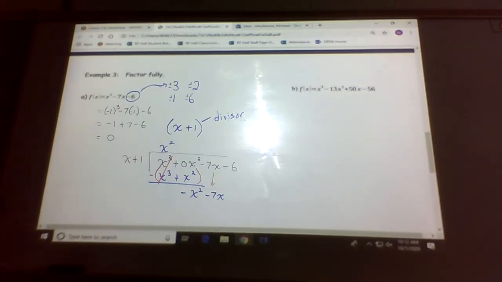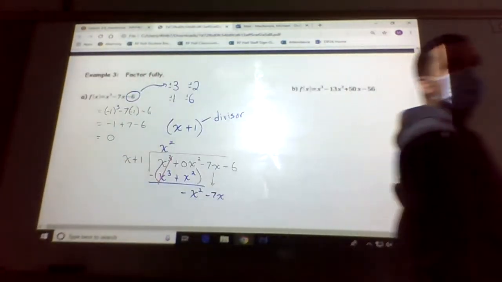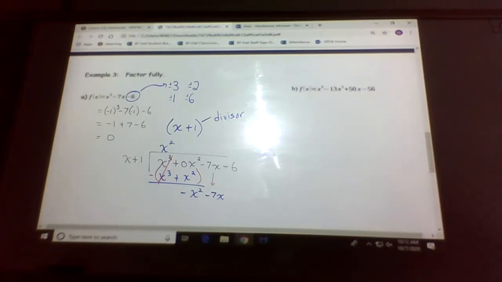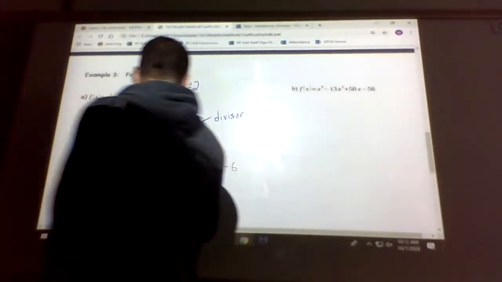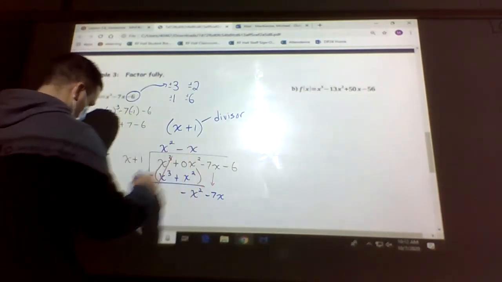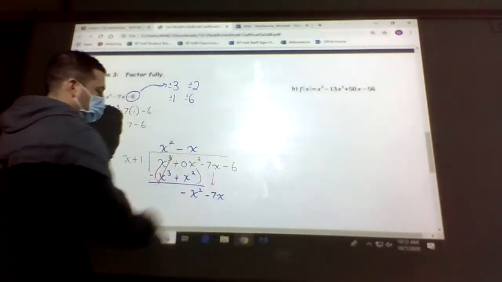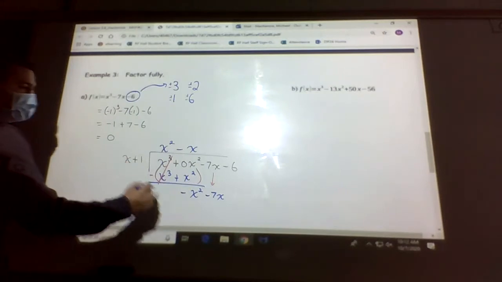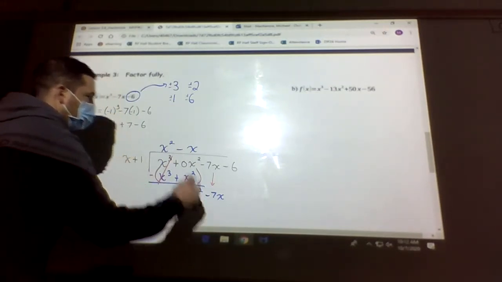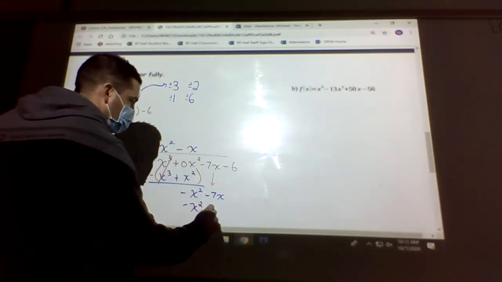What do we multiply x by to get to negative x squared? Negative x. Negative x times x is negative x squared. Negative x times 1 is negative x.